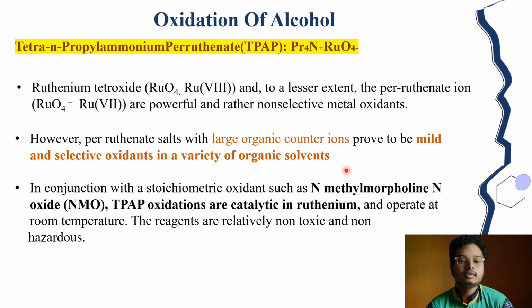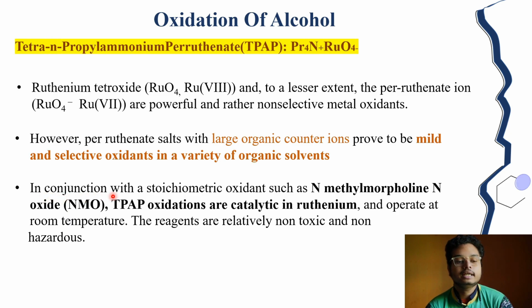So this actually stops oxidation of alcohol at the aldehyde for the primary one, and for the secondary one it will stop at the ketone. But if we add RuO4 directly, then the primary alcohol will directly convert to acid. That's why this particular large organic counter ion is required.